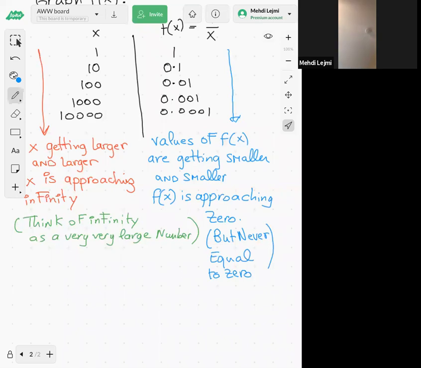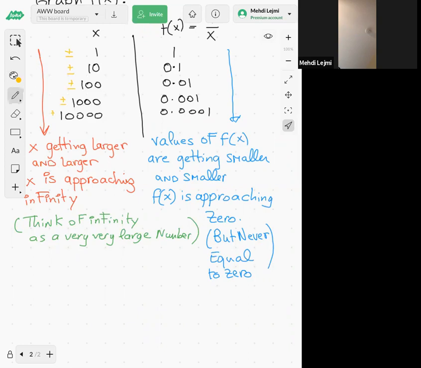Okay, so the values of x are going to be as close as you want to 0, but never equal to 0, right? Of course, if you change the sign, plus or minus here, we're going to get plus or minus here.